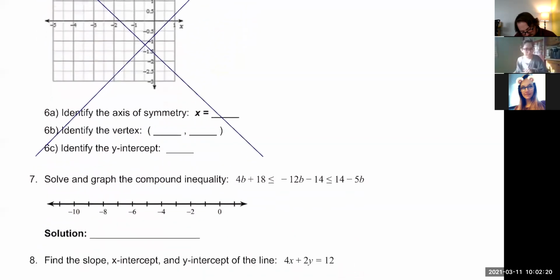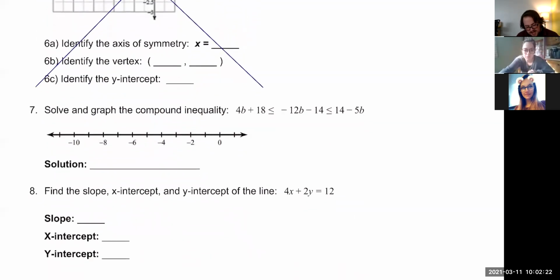Number 7 is asking us to both solve and graph the compound inequality. You can tell there's 2 of them in there because of the 2 separate inequality signs. I'm not going to go into too many notes on this one because the one on the final will look very similar.